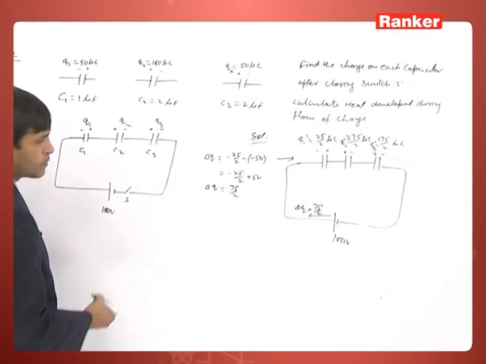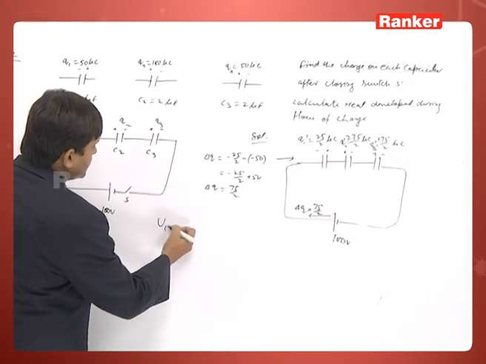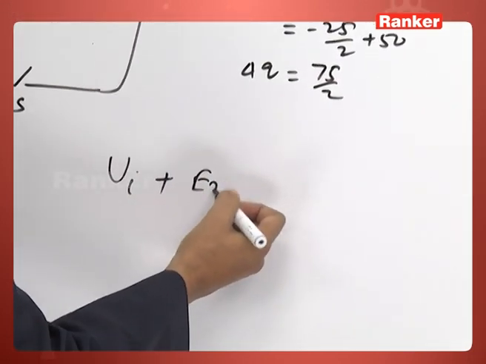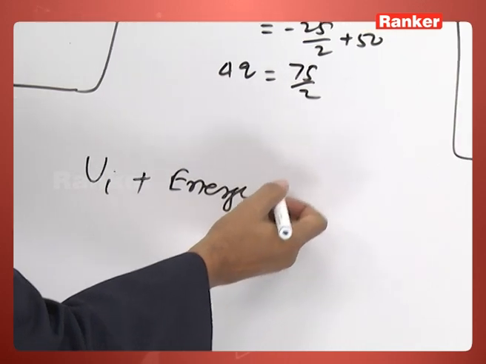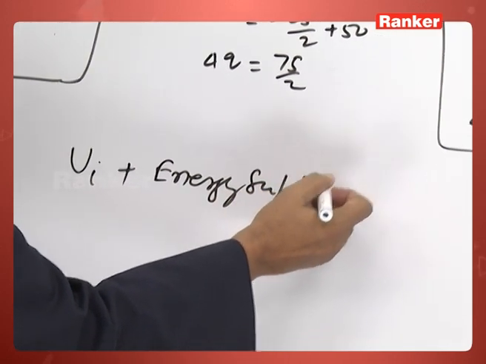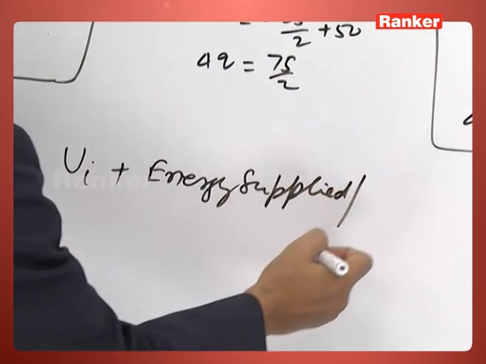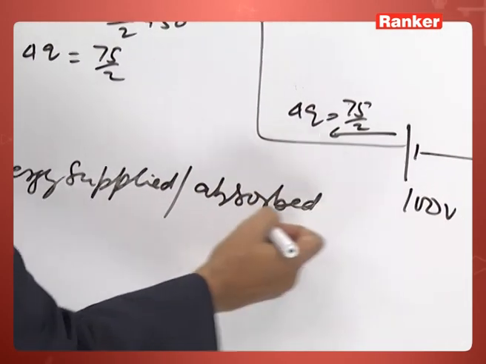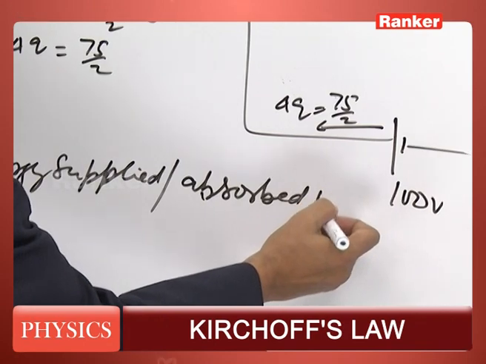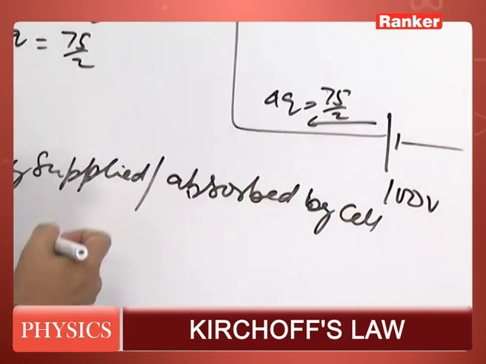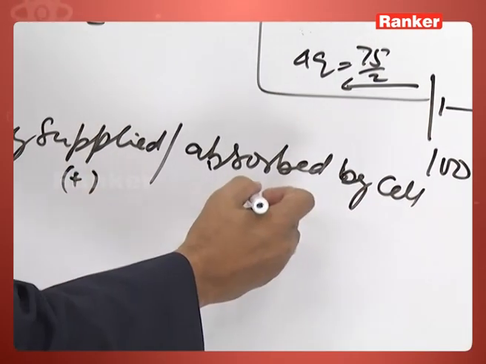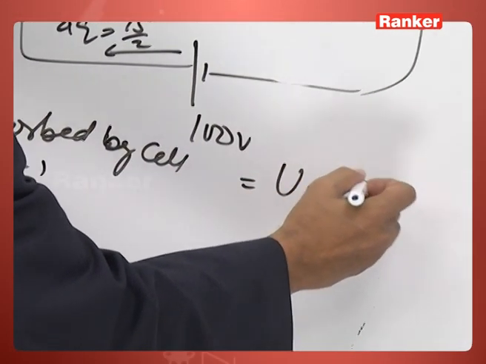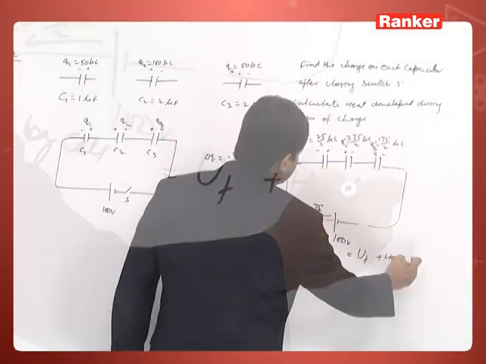According to the calculation of heat energy: initial energy plus energy supplied or absorbed by the cell. If supplied, we take it positive; if absorbed, negative; equals final energy plus heat.